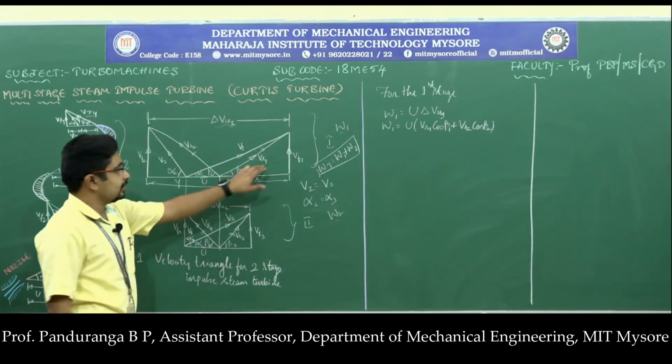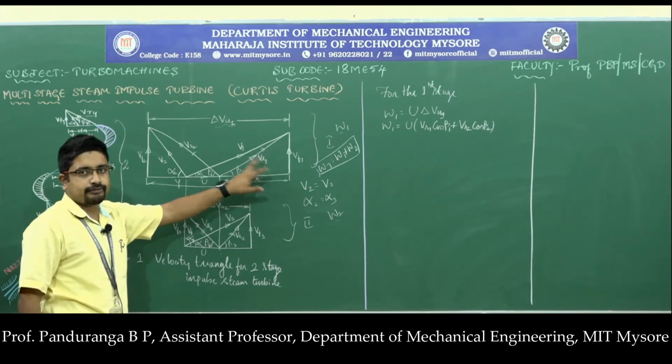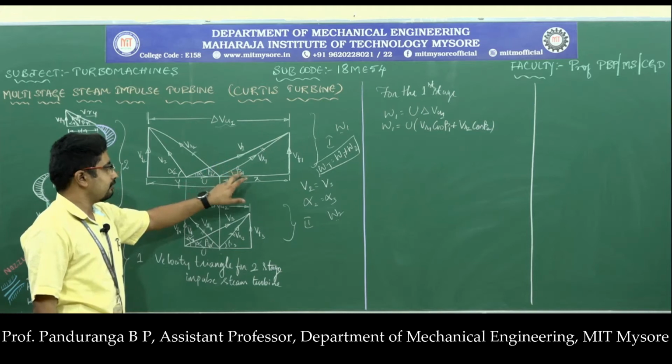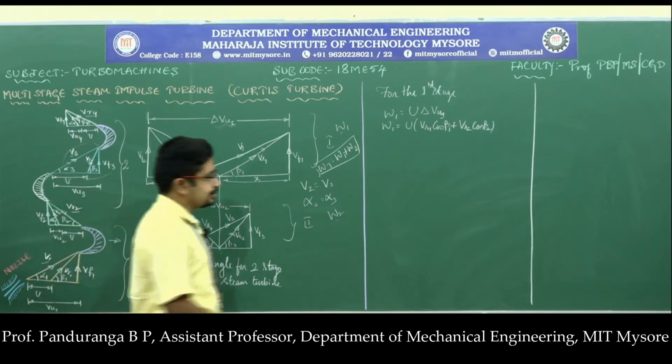And we know that for an impulse turbine, VR1 will be equal to VR2 if there are no losses, and beta 1 is equal to beta 2.